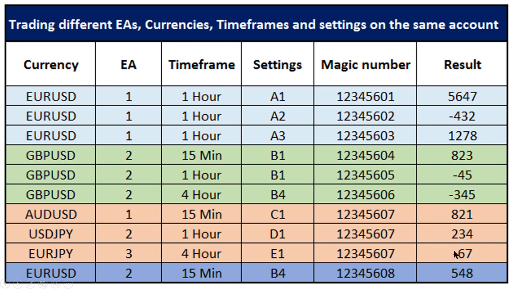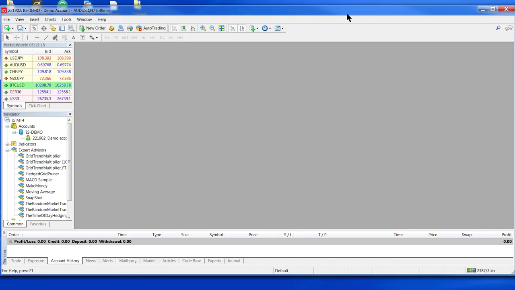Now, very important that you understand how the magic numbers work, because they will keep your trading results separate, and you'll be able to evaluate your various settings and various EAs using the magic numbers. Okay, I'm going to very quickly set up more or less the same portfolio as I've just shown you before.